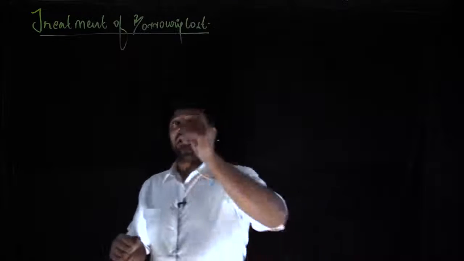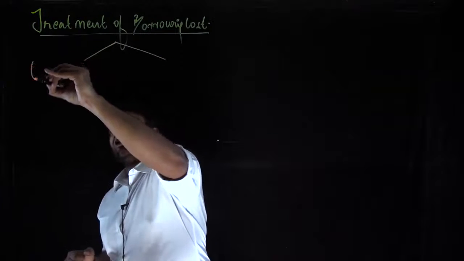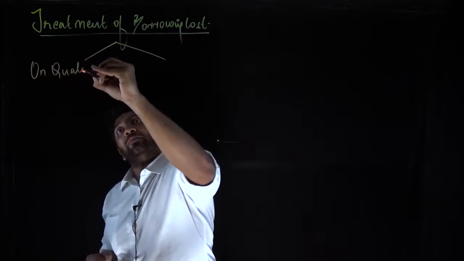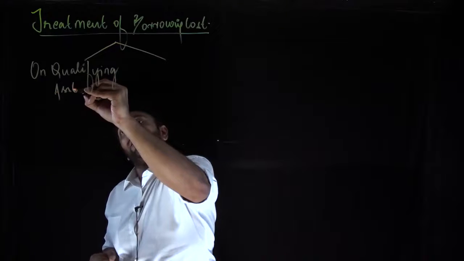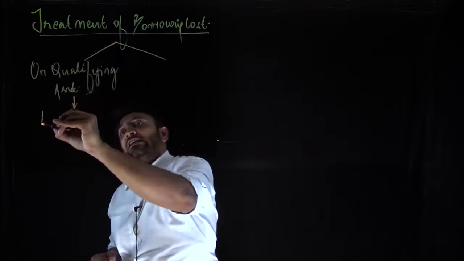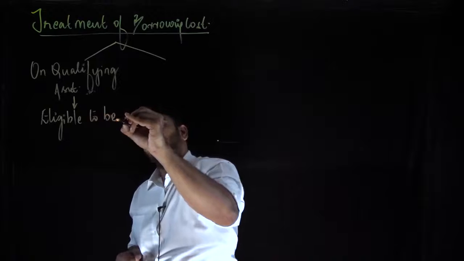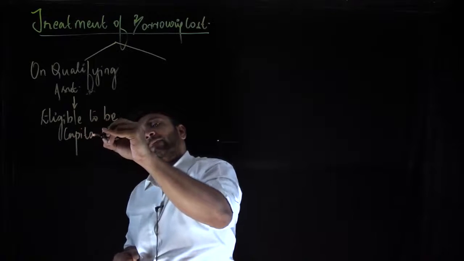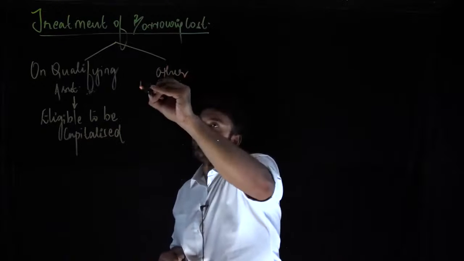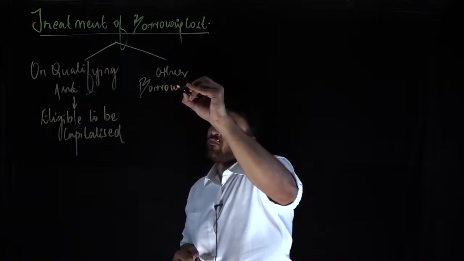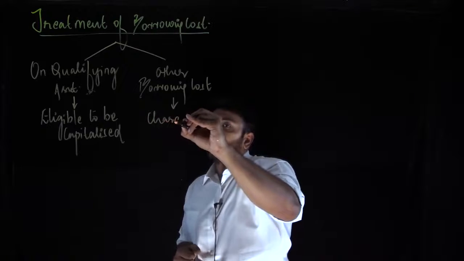What does Ind AS 23 deal with? Ind AS 23 says the borrowing cost on a qualifying asset is eligible to be capitalized, while other borrowing cost should be simply charged to P&L.